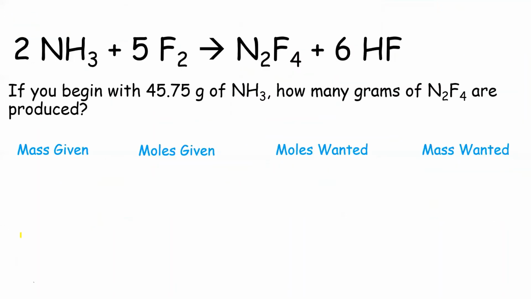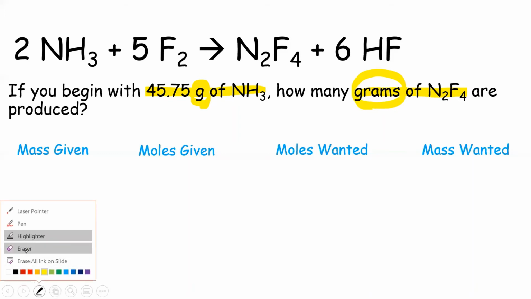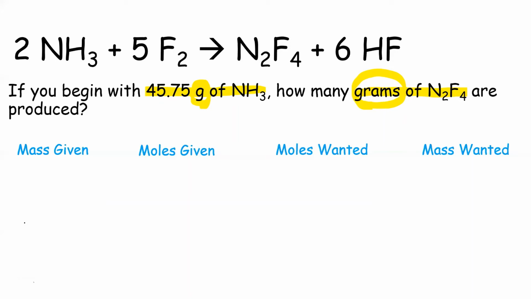In this problem, it's asking me to go from 45.75 grams of ammonia to grams of dinitrogen tetrafluoride. Anytime you see grams, you're going to need to use the molar mass for each of these, just like in our roadmap. I'm going to use the same roadmap and plug in my numbers.